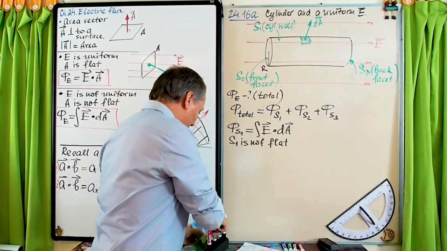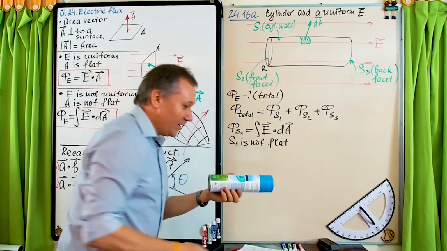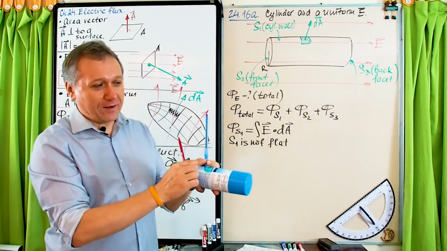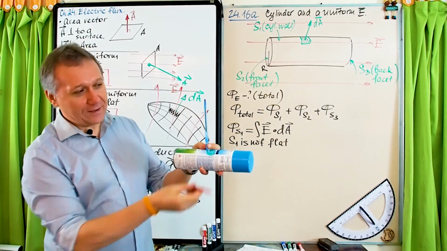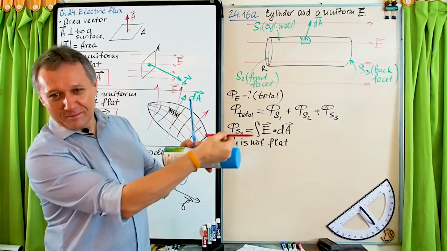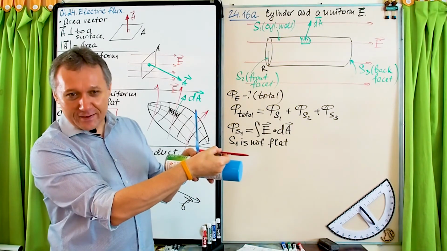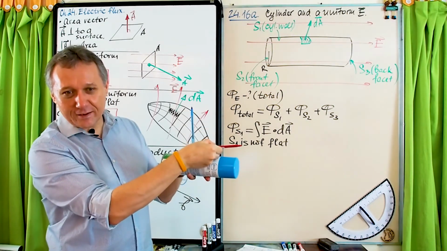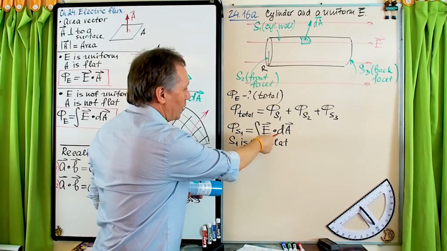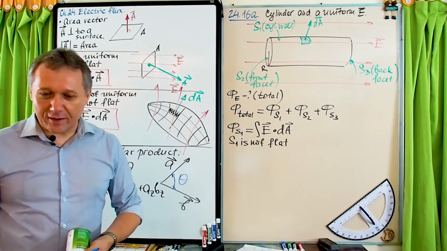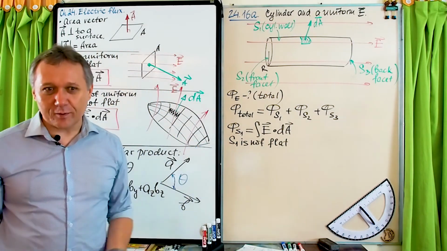Let me again use my cylinder. So effectively, we have dA that way, electric field that way. What's the angle between them? 90 degrees. What is the cosine? Inside of this there is the cosine of 90 degrees, which is 0, of course.